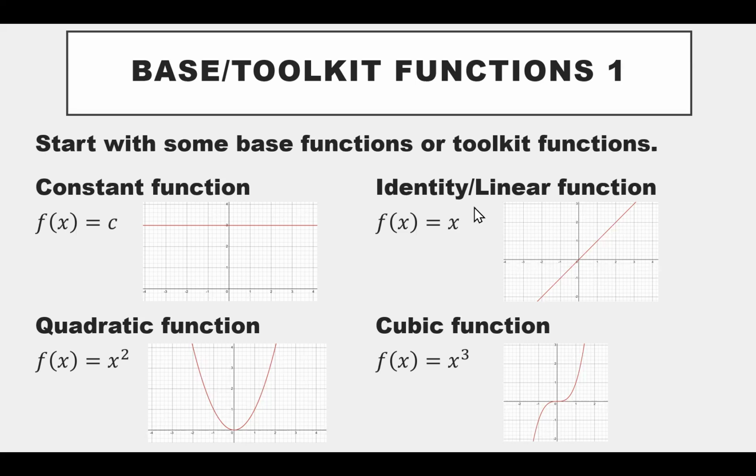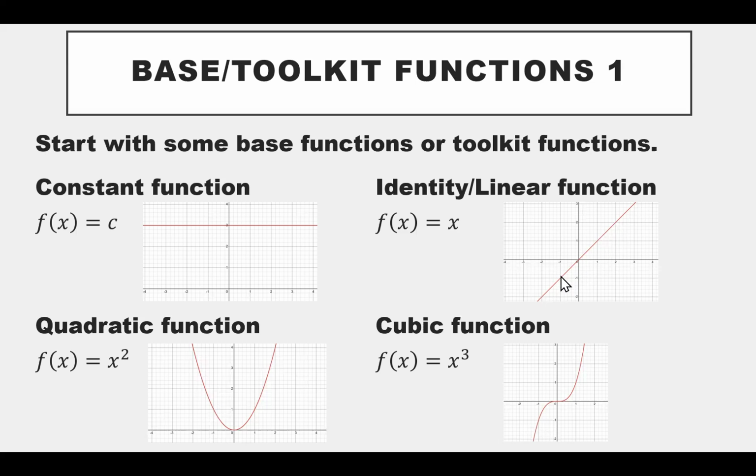Our next base or toolkit function is sometimes called the identity function and sometimes called a linear function, our base linear function, I should say. And that is f of x is equal to x. So whatever you input, you get that exact same value as the output. That's going to generate a line through the origin whose slope is 1.